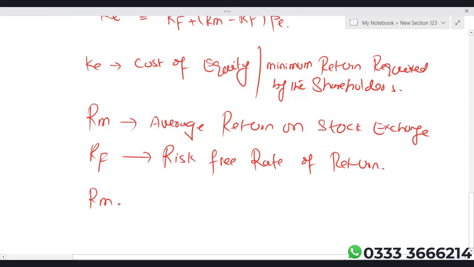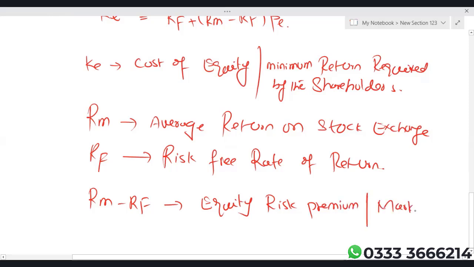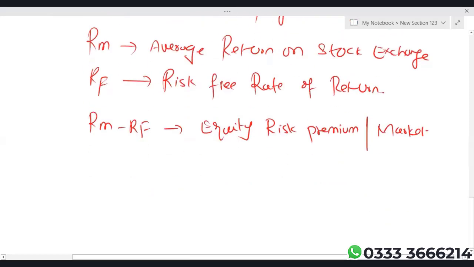RM minus RF is the equity risk premium. Another name is market risk premium.